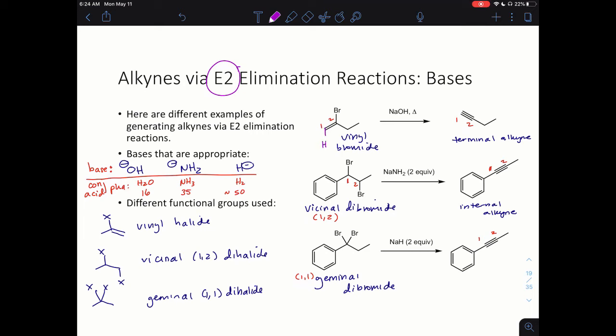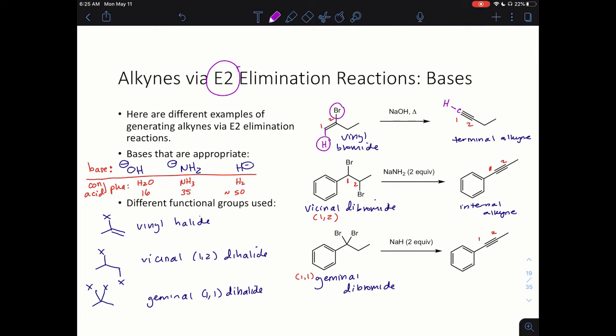So we've examined already elimination of HBr from a vinyl bromide to generate, in this case, the terminal alkyne, but this would also presumably work for an internal alkyne if this were some alkyl group. Then this would be R, and you'd have an internal alkyne in the middle of the carbon chain, like the next example.